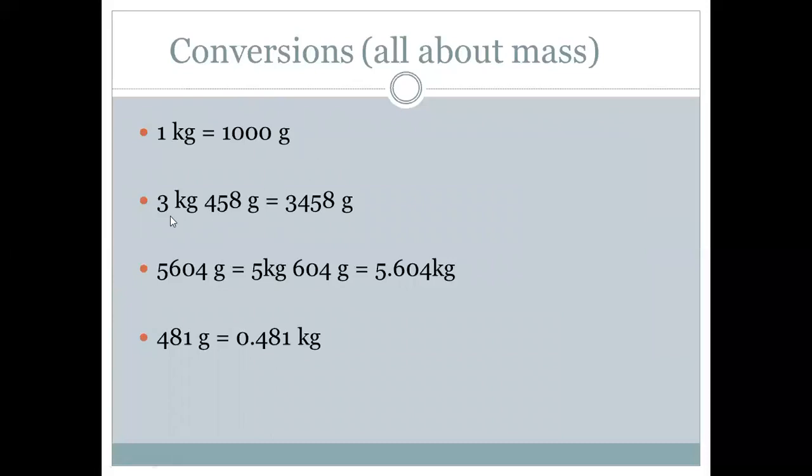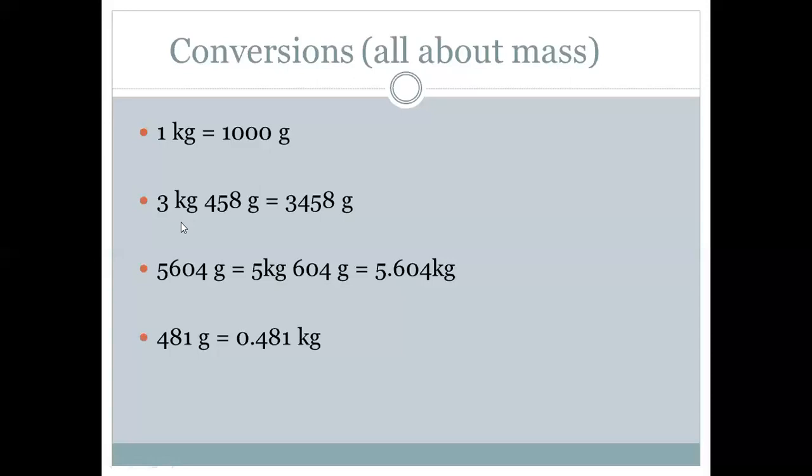Now, if I wrote down 3 kilograms and 458 grams, and I would like to write it down in grams, how do I do this? Yes, of course. I change these 3 kilograms into grams. So 3 kilograms equals 3,000 grams, lovely.